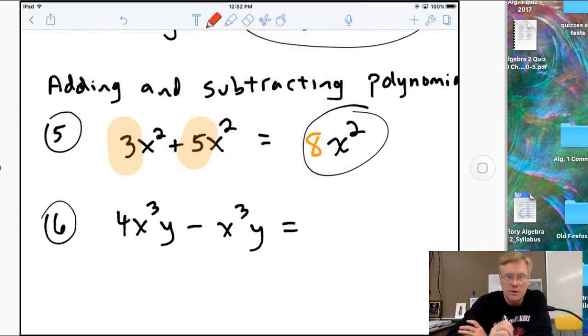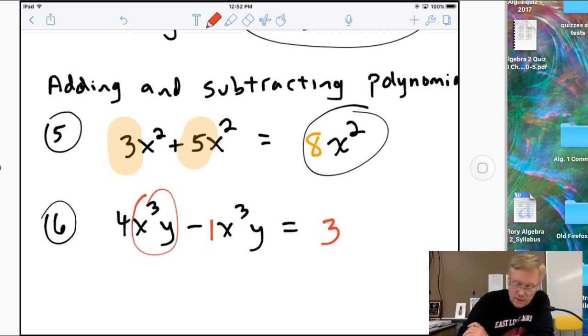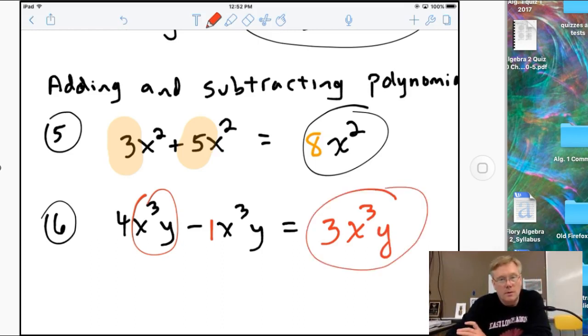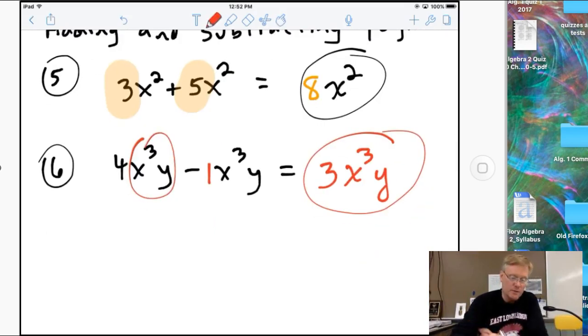Now, there's no coefficient on the second term, but we all know that there's an implied number in front of there. It's an implied 1, all right? So I can go 4 minus 1 is 3, and I'm going to leave the rest of this thing as it is, x cubed y. So all I did was subtract the 4 and the 1 and then kept the rest of it the same, and that's what my answer is.